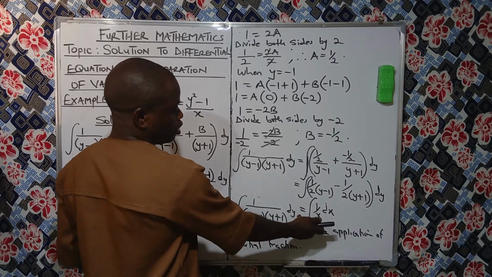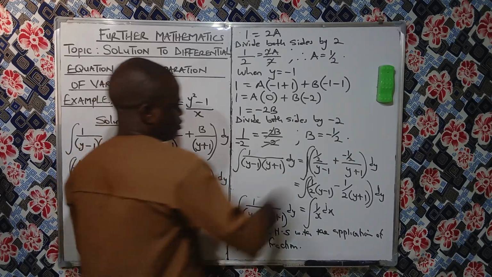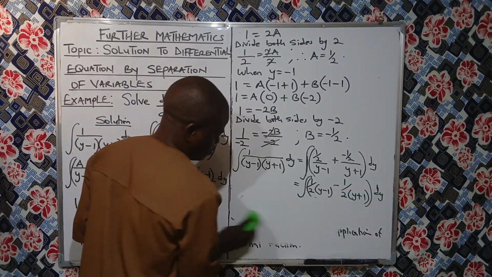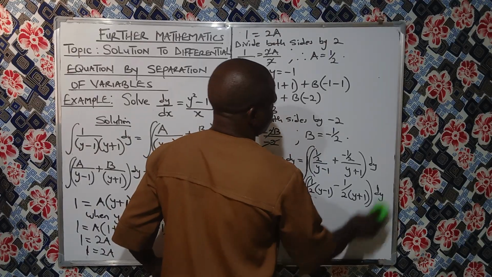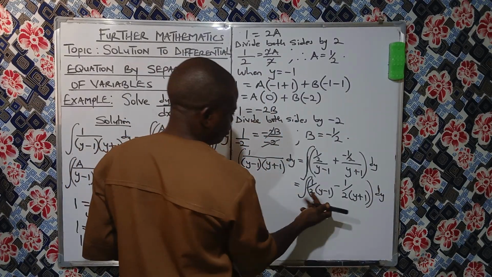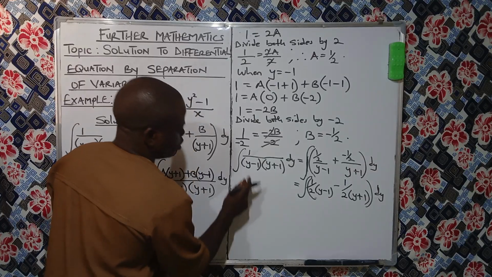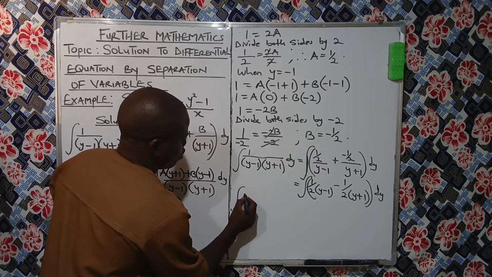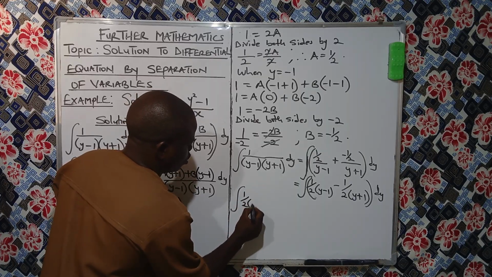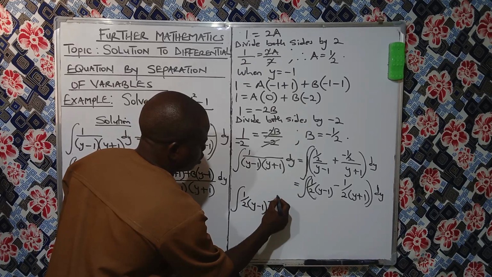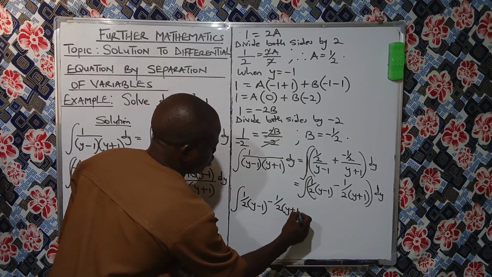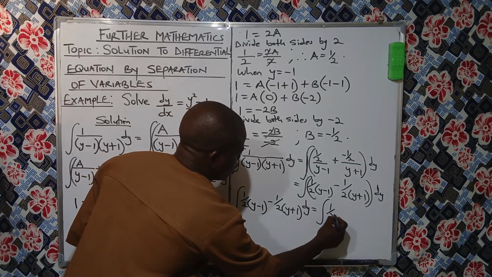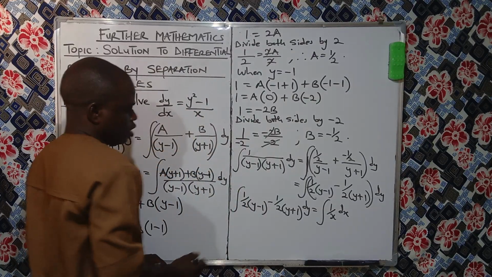Now you equate it to the expression at the right hand side, which is now integral of 1 over 2 y minus 1 minus 1 over 2 y plus 1 dy equals integral of 1 over x dx.